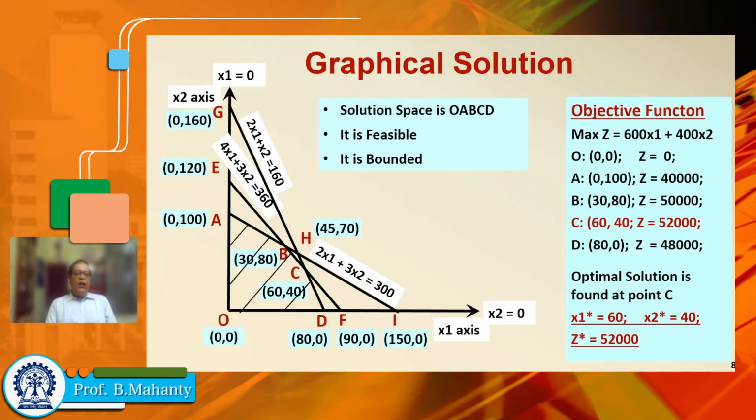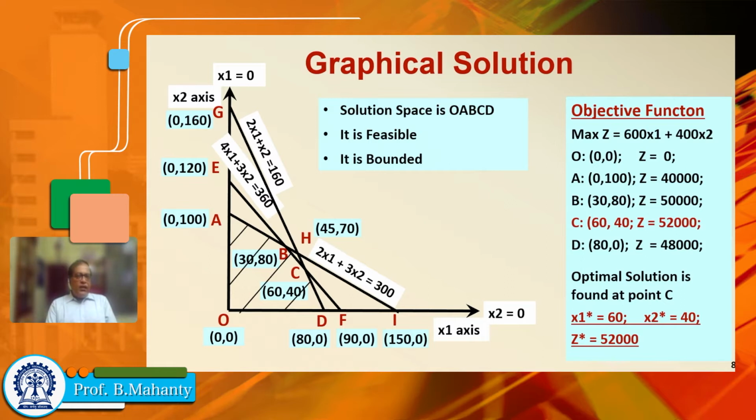We see in which direction we get the maximum value of the objective function. So in the x1 direction, you see 600 is the profit, whereas this side is the x1 direction, because this is x2 equal to 0 and this is the x1 axis. So x1 values increase here, and profit is more, that is 600, whereas for x2 the profit is less.